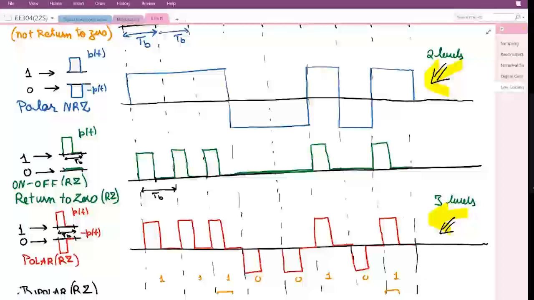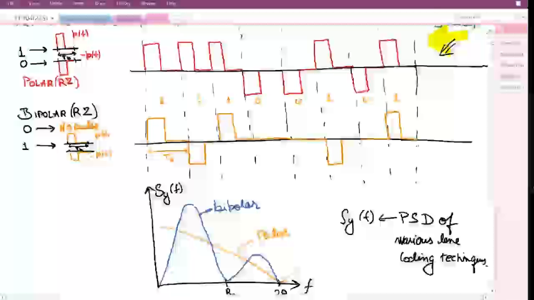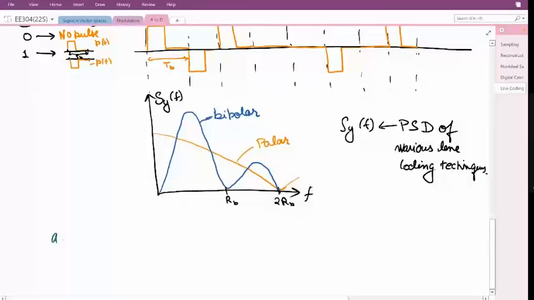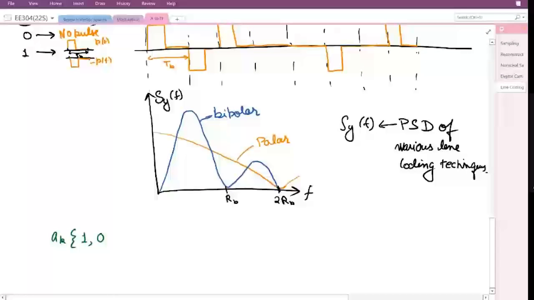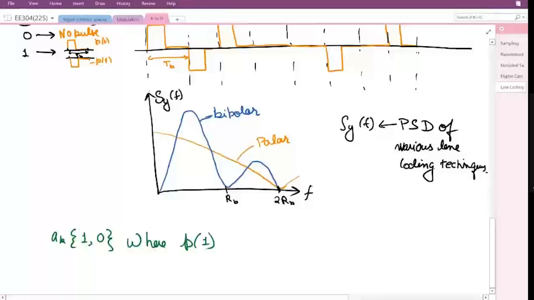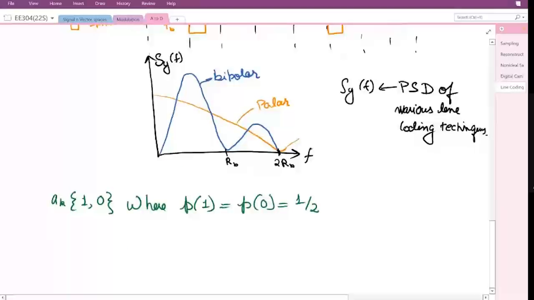Now if I have to calculate the average energy, and we say that ones and zeros are coming with equal probability, assuming A_k belongs to 1 and 0, where the probability of occurrence of 1 is the same as the probability of occurrence of 0, equal to 1/2, then what should be the average energy for the on-off case?